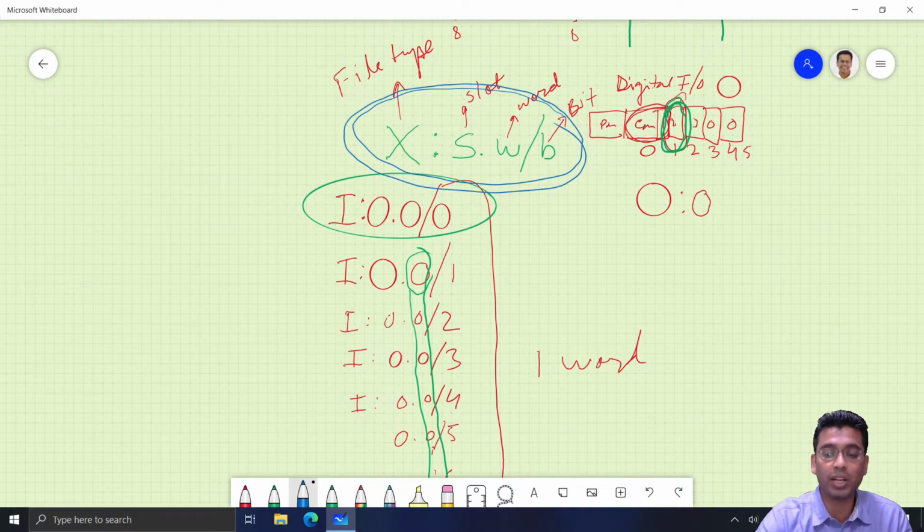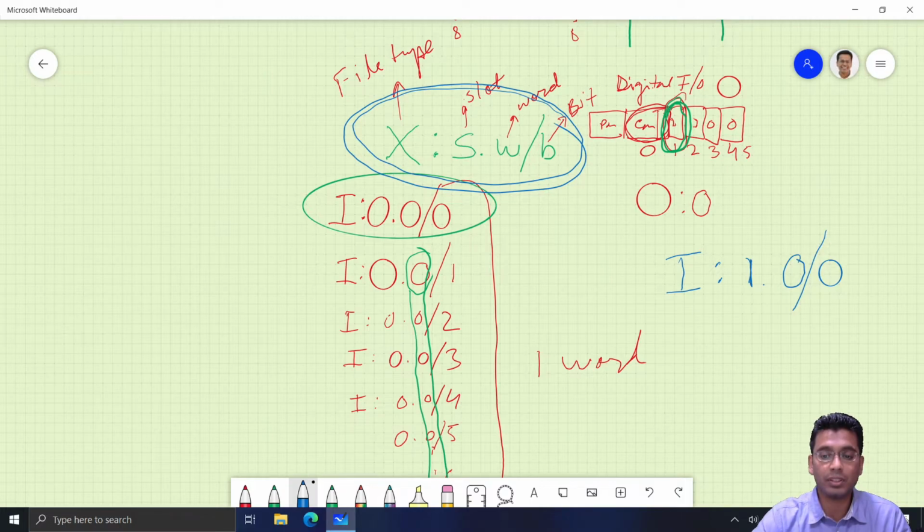Since it is an input, what can I write? I colon, slot number 1, isn't it? Then word 0, because by default it will start with 0 word itself, and then /0. Fine. Is this clear to everyone?